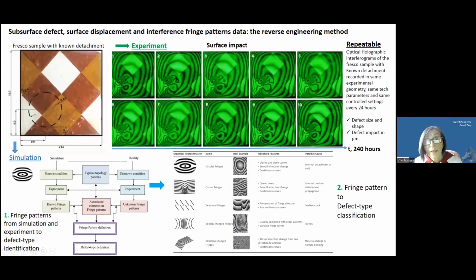Here is the information about the subsurface defects and how we calibrate and classify them.